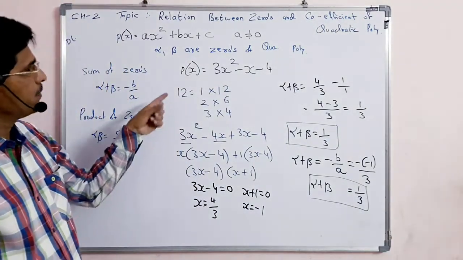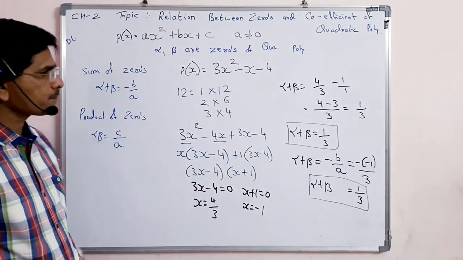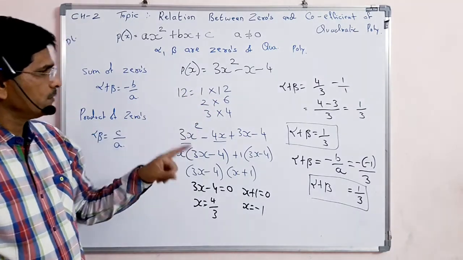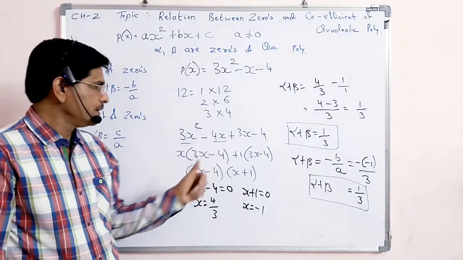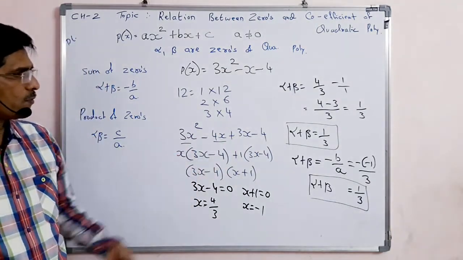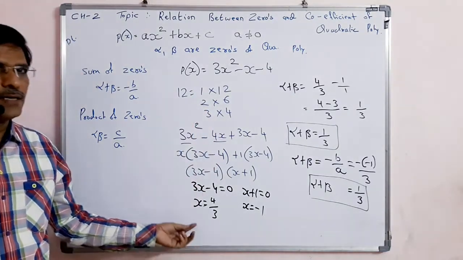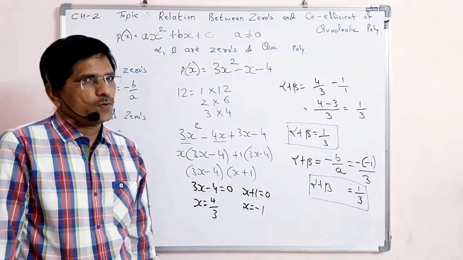This is an example. p(x) is equal to 3x² minus x minus 4. Again we have to factorize it. One of the factor pairs is suitable here, that is 4 into 3. So 3x² minus 4x plus 3x minus 4. If we simplify, x is equal to 4 by 3 and x is equal to minus 1.